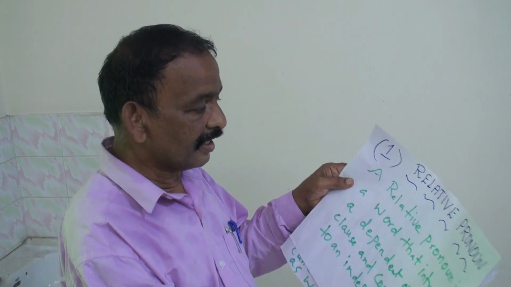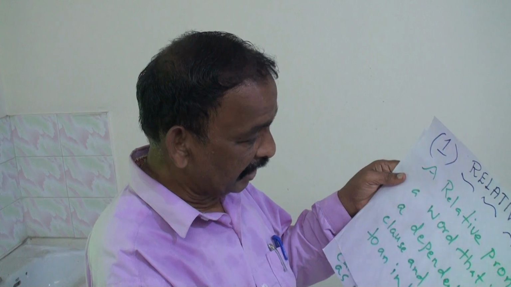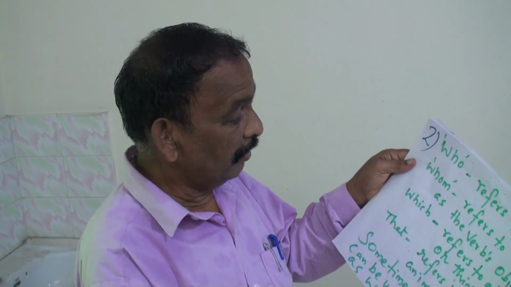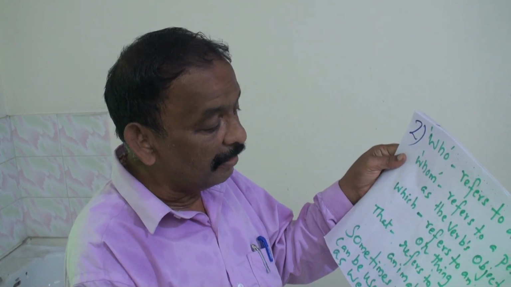I have to discuss them one by one. Who refers to a person and whom refers to a person as the verb's object, which refers to an animal or thing, that refers to a person or a thing. Sometimes when and where can be used as relative pronouns as well.